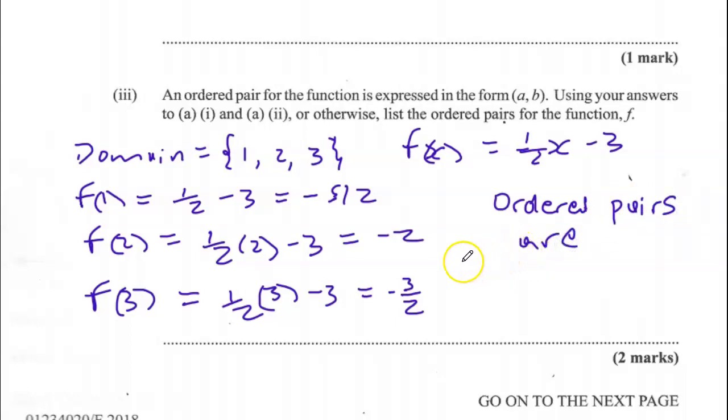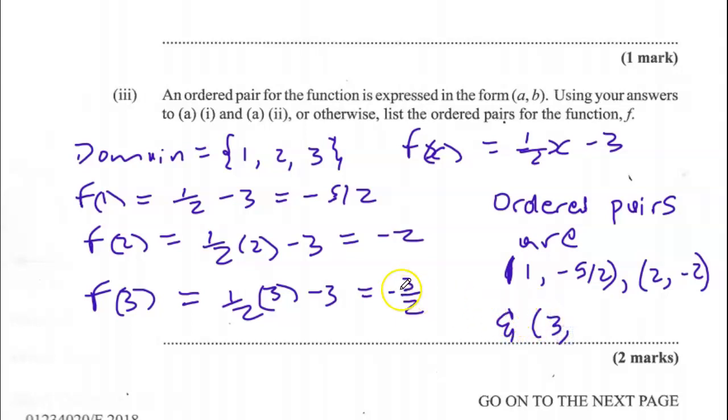So when x is 1, the corresponding y value, or we say f of x, was negative 5 over 2, or negative 2.5 if you prefer. When x was 2, the corresponding value was minus 2. And when x was 3, the corresponding value was negative 3 over 2, or negative 1.5.